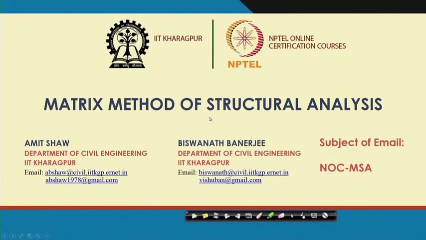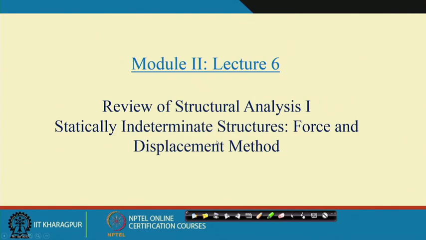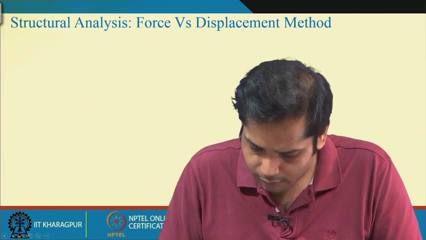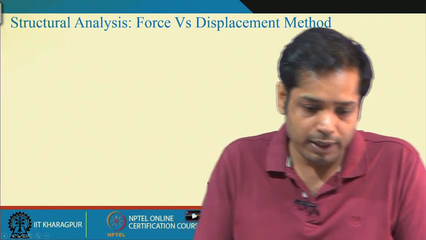Okay. So, today is the sixth lecture and it is the review of statically indeterminate structure, force and displacement methods. If you recall what we have done so far, suppose we have a structure.